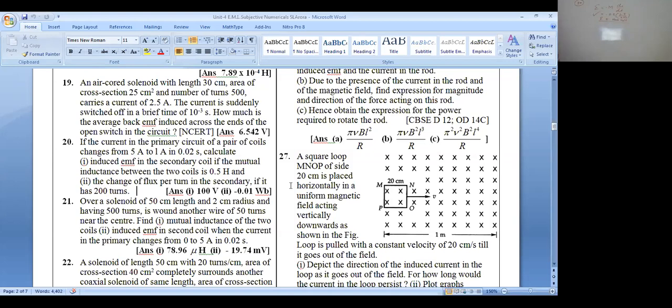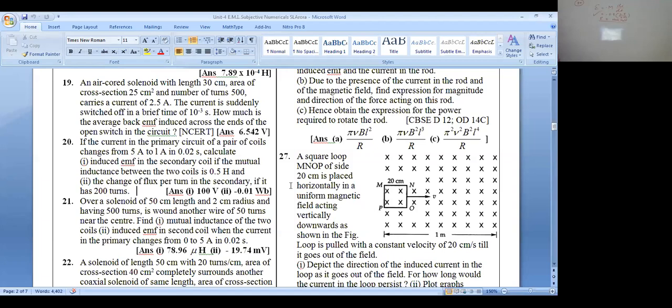So E is equal to minus d phi by dt. This way you can calculate d phi also, the change in the flux linkage, that is 0.01. The negative sign shows the decrease here. If a positive sign comes here, it is the increase in the magnetic field. Simple. Hello, got this?